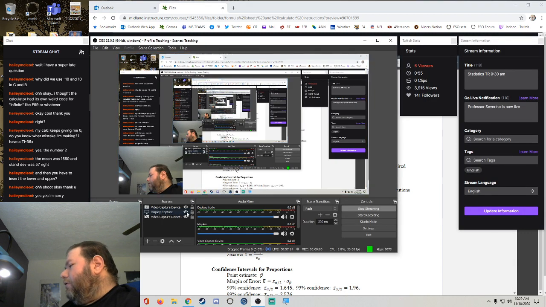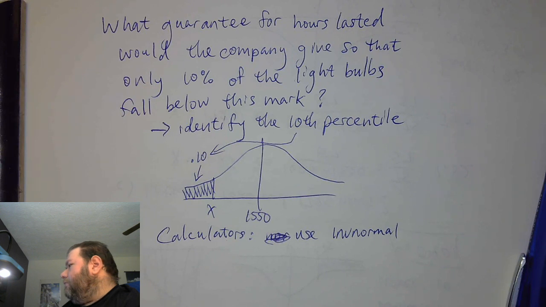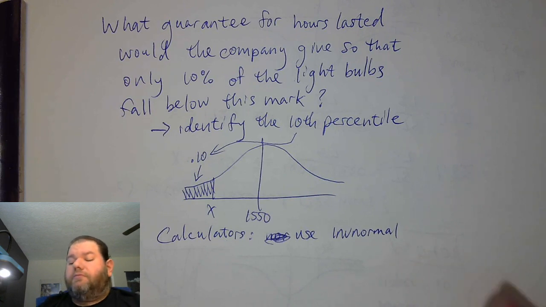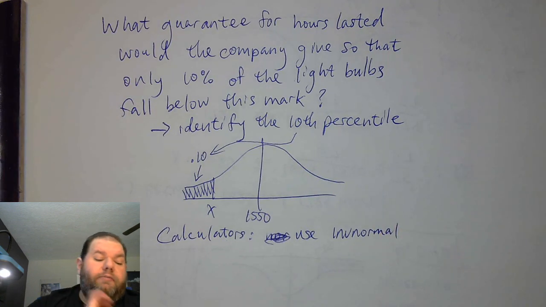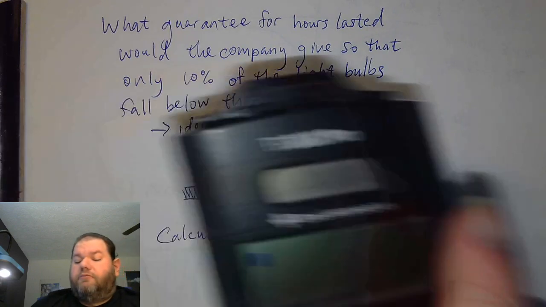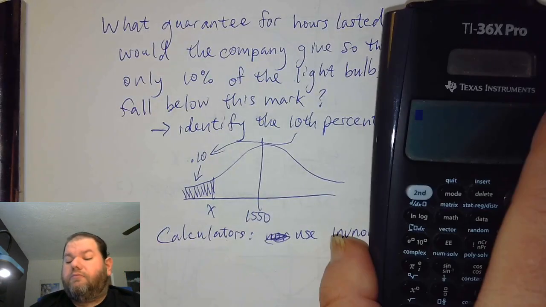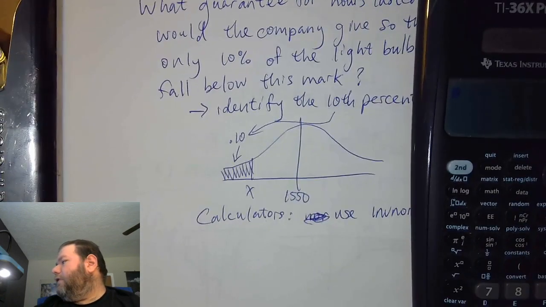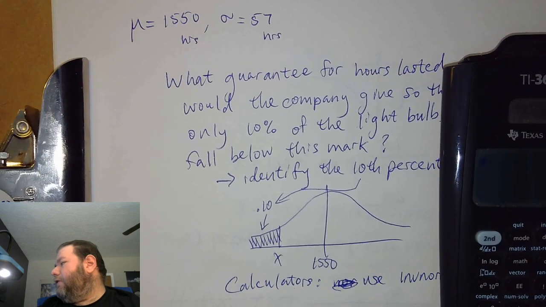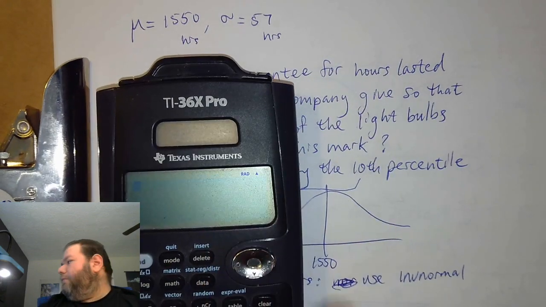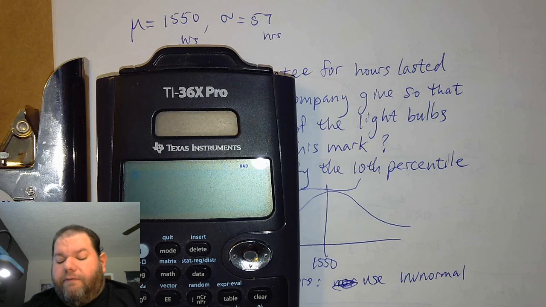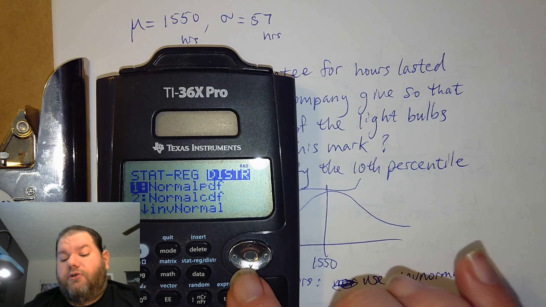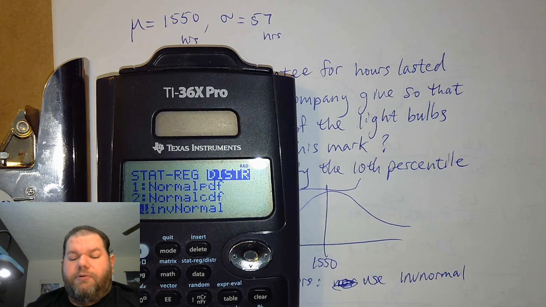Okay, let me close this out. There we go. So we use inverse normal. Okay. Now, sorry, I want that. It's lighter on the left-hand side for some reason. So we had second vars, go to distributions, and we want inverse normal, which is our third option here.